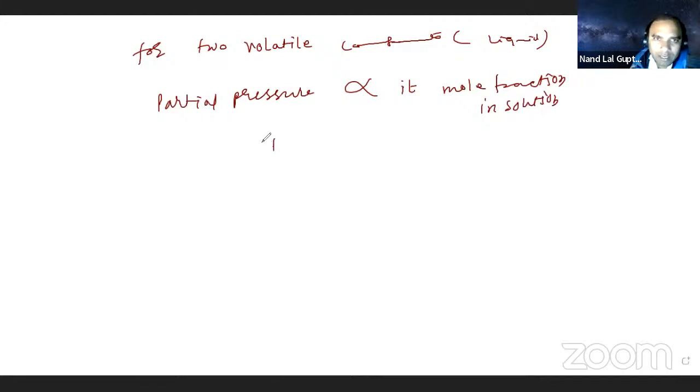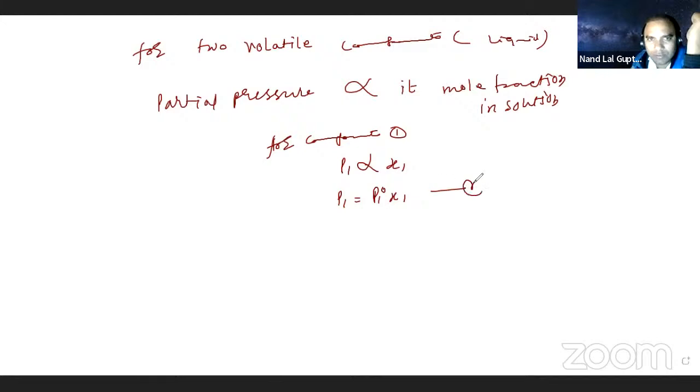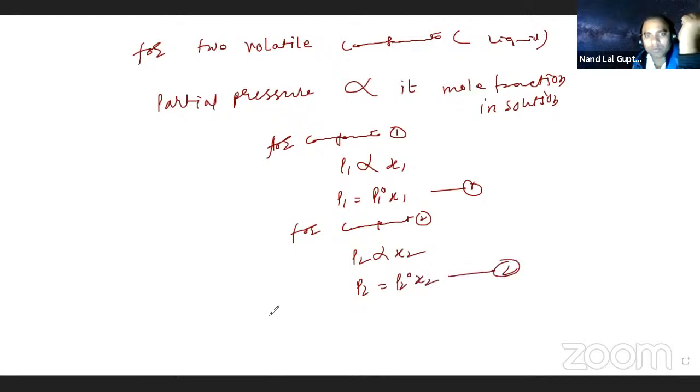So for component 1, P1 is proportional to x1, so P1 is equal to P1 naught x1. This is equation 1. For component 2, P2 is proportional to x2, so P2 is equal to P2 naught x2. This is equation 2.